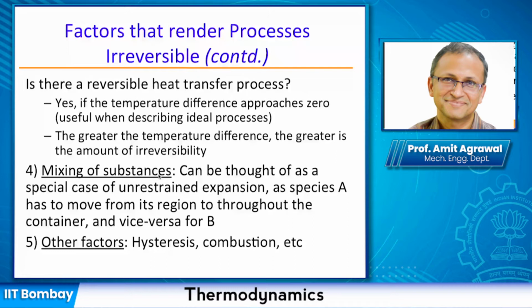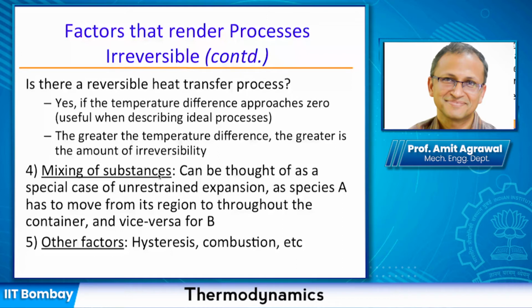There we have one gas going into vacuum or at a lower pressure. Here you can think of two species, species A and species B, diffusing, moving from one region to the other, just like a perfume bottle opened at one end of the room, we smell the perfume at the other end of the room.